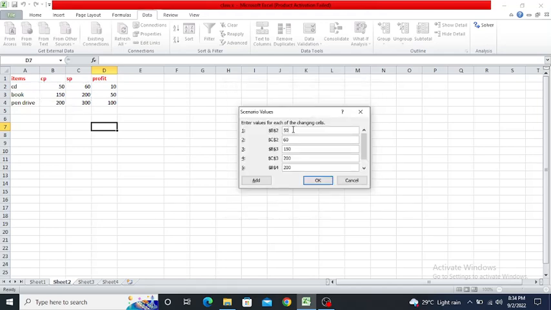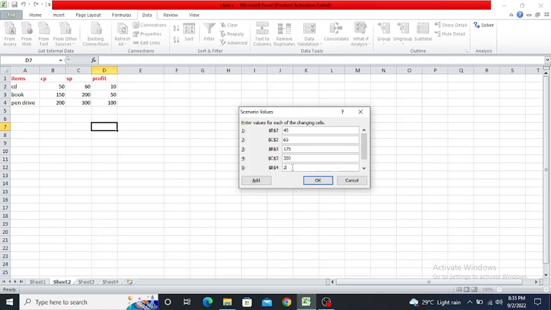Now you change the values again. Suppose now I am giving the cost price of the CD as 45, and here I am giving the selling price 65. Then I am giving the cost price of the book as 175 and selling price of the book as 300.